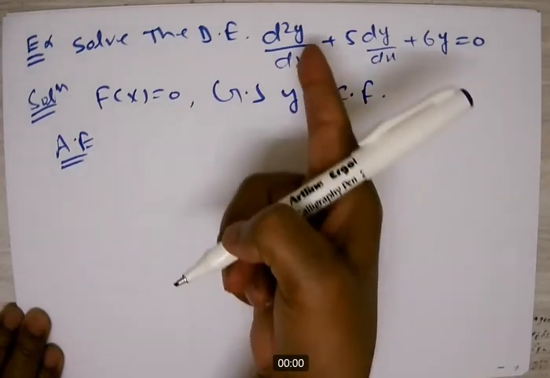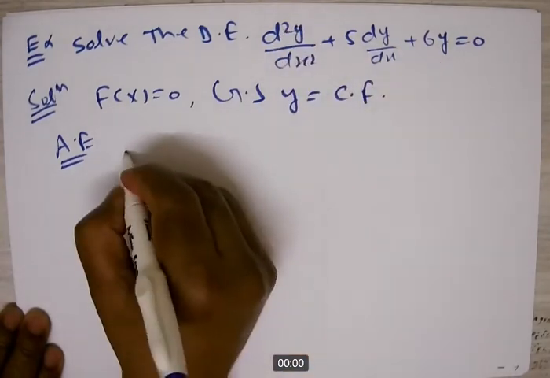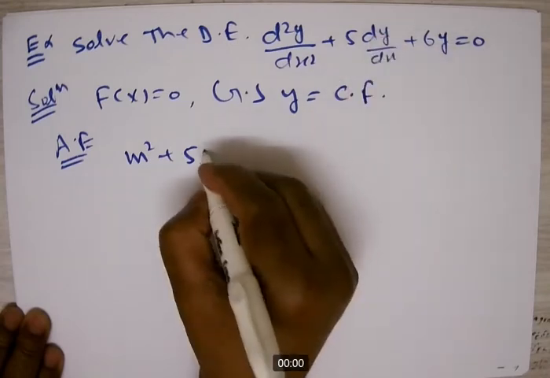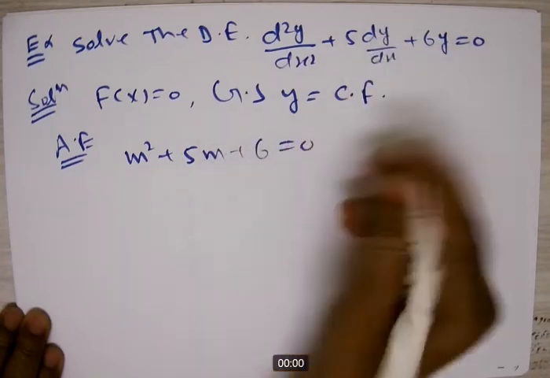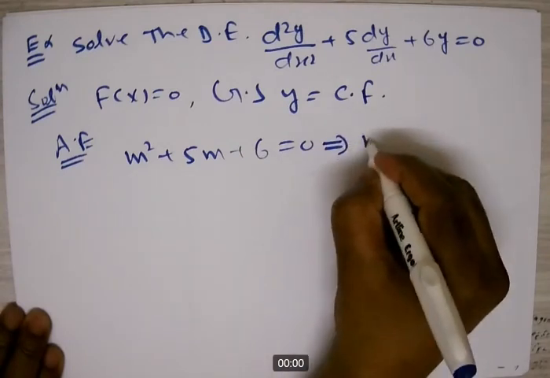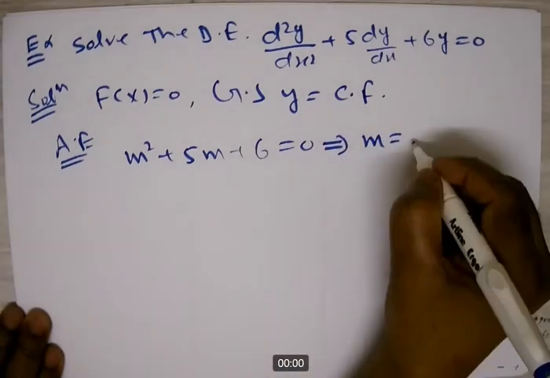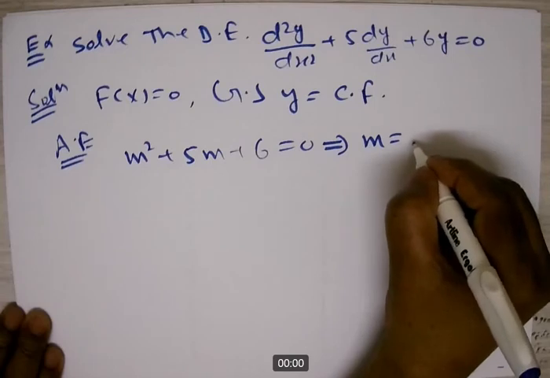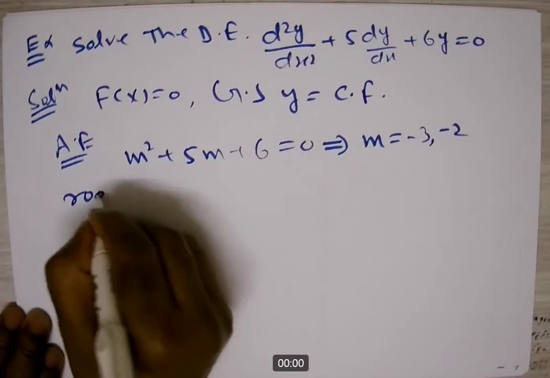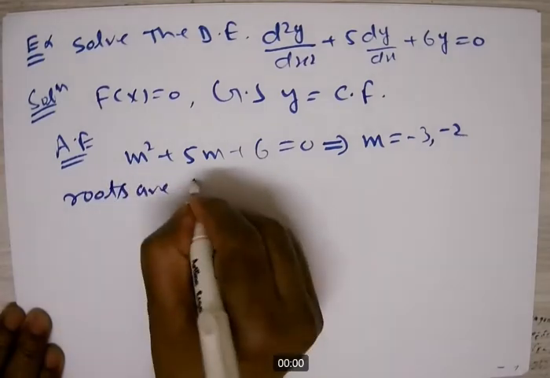Auxiliary equation means d2/dx2 becomes m square, plus 5 d/dx means 5m, plus 6 equal to 0. Do not write y here. Factorize it. When you factorize, you get m equal to minus 3, minus 2. It means the roots are different.